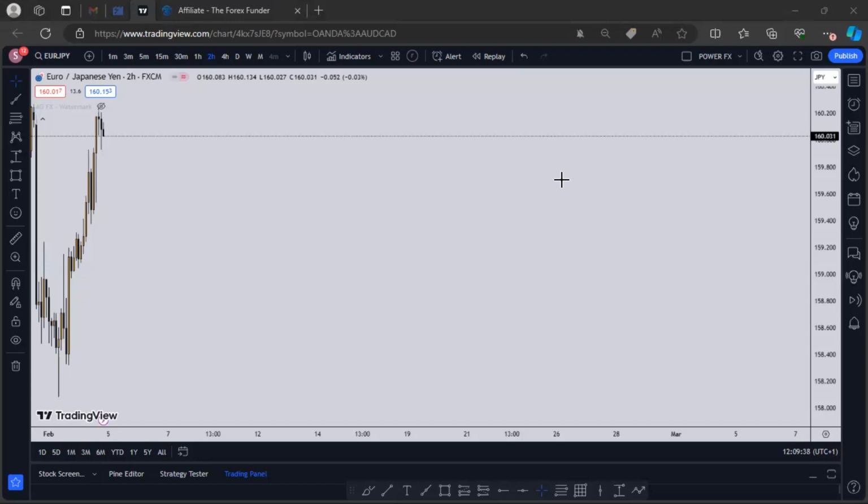So whenever you're trading supply and demand, you just know that whenever price gets to this particular area, the market is most likely to reverse.